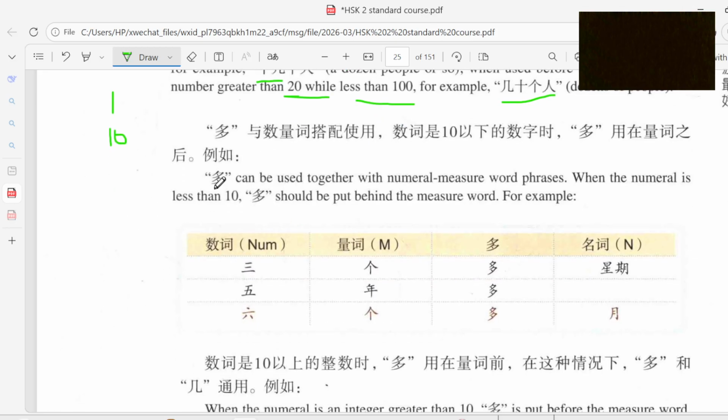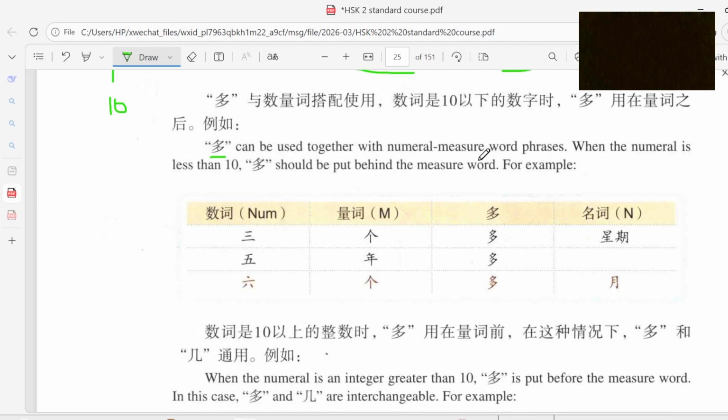And then you have duo. You're looking at the difference between duo and ge. Duo can be used together with numeral measure word phrases. When the numeral is less than 10, duo should be put behind the measure word. For example, 三个多星期, 3个多星期, it is put behind the measure word.